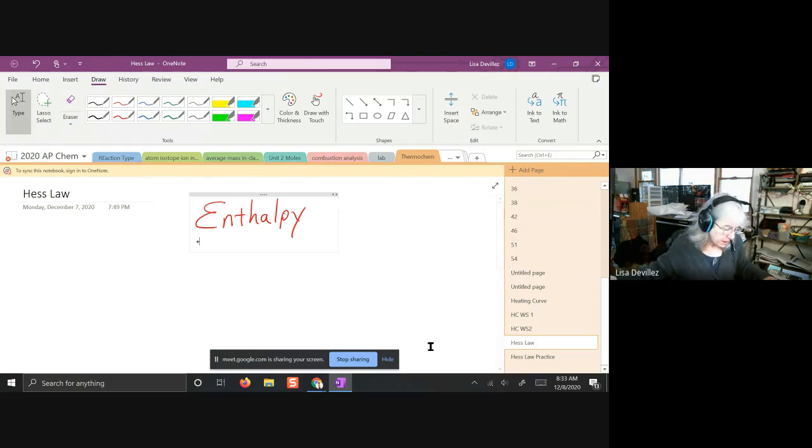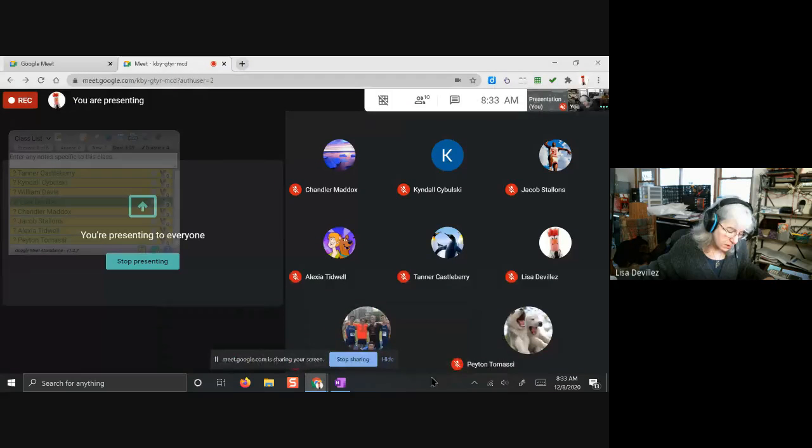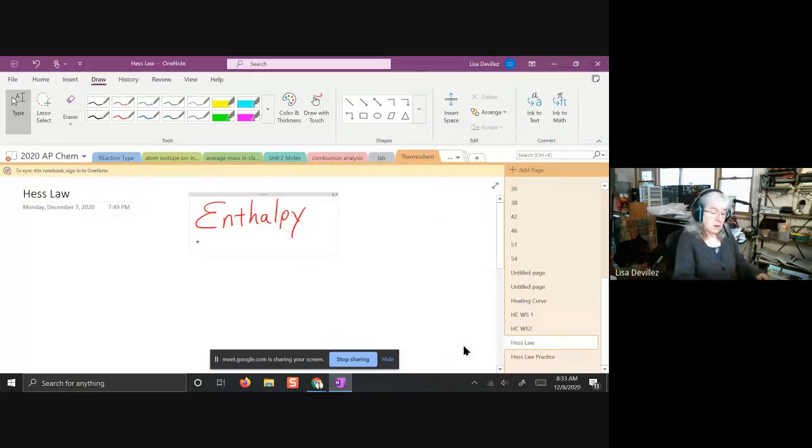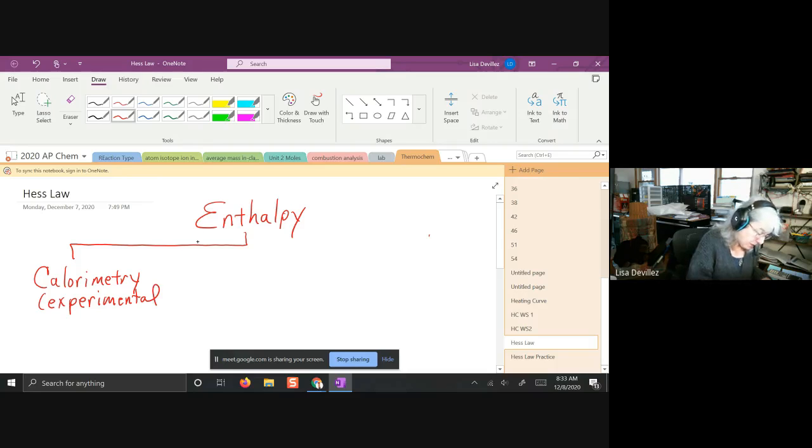We've been looking at enthalpy, and so far we have looked at calorimetry, which is what I would call our experimental way of finding enthalpy, right?